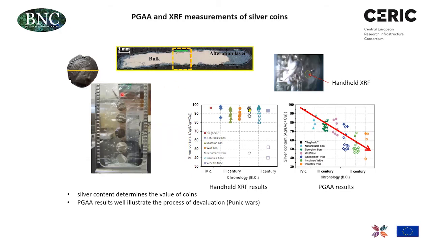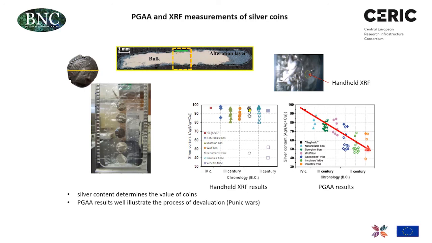The real commercial value of the coin was proportional to the silver content, and it was very interesting to see that if you plot the silver content over time, then you see a decrease.